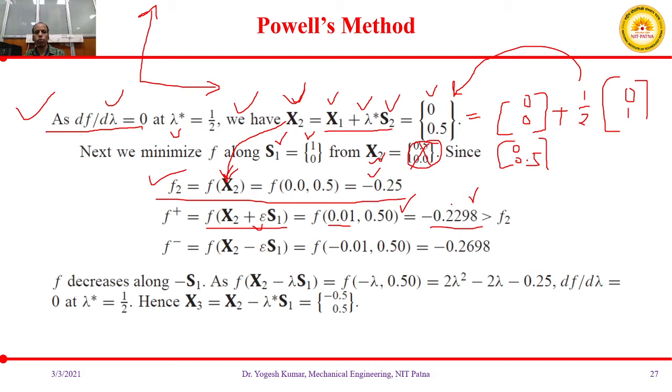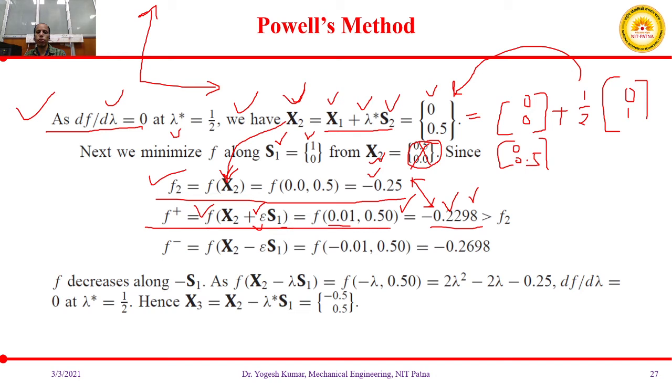So now try to see: previously in the positive direction we could get the minimum value, but now this value is more than your previous value of f2. Your existing point has a lower value as compared to your new point. So it means that you will not get the minimum value in the positive side of your S1 direction, right? I hope it is clear to all of you.